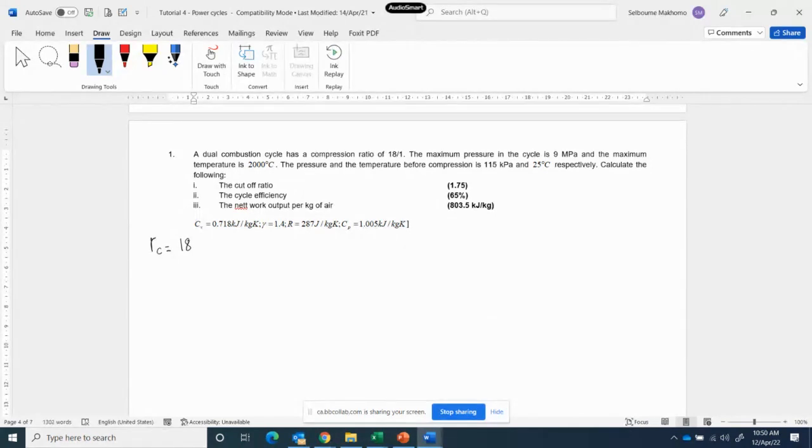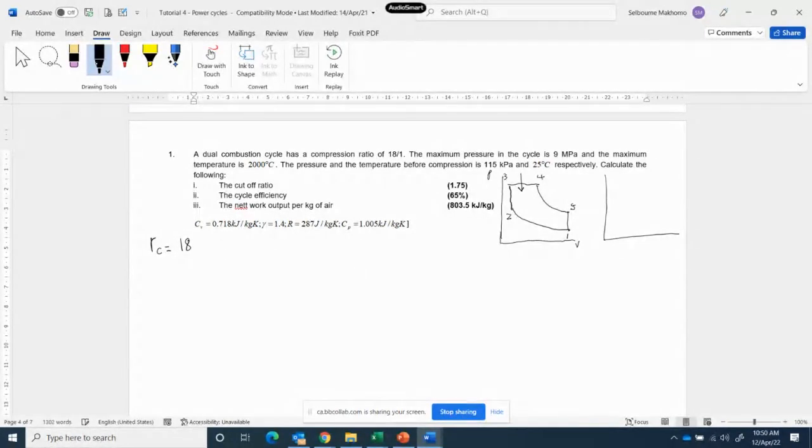So we don't know whether it's P3 or P4 or P2. Let's draw the sketch. The sketch will guide us. Pressure here, volume. So 1, 2, 3, 4, and 5.